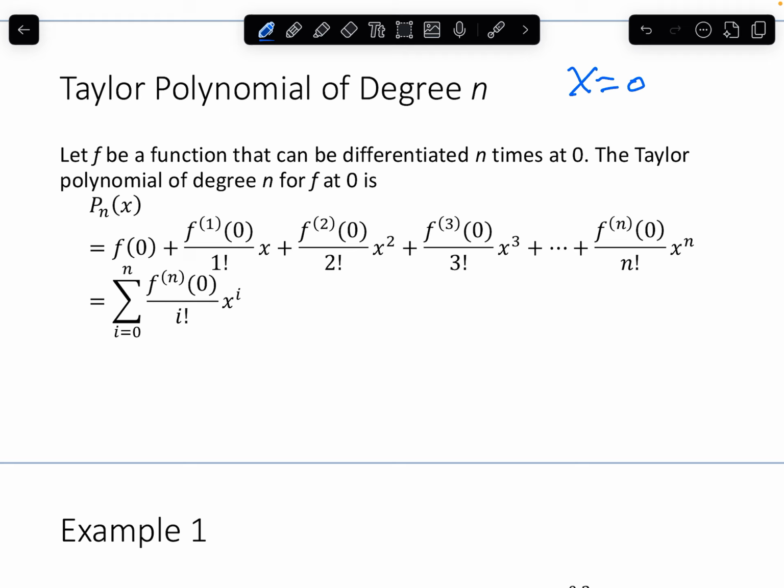And this keeps going all the way down, adding them all up until we get to the nth derivative of f at 0 divided by n factorial times x to the nth power.